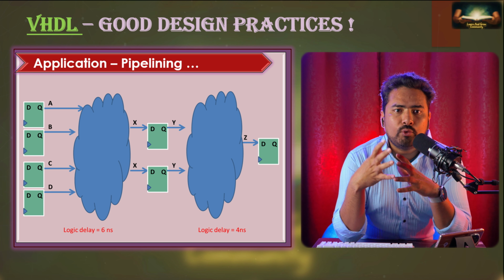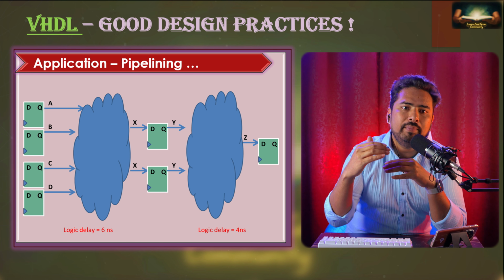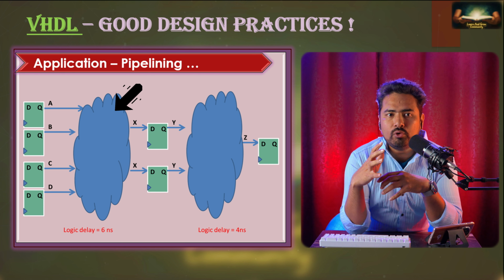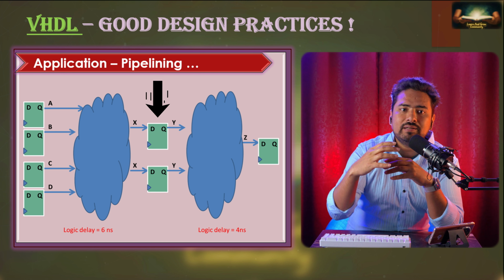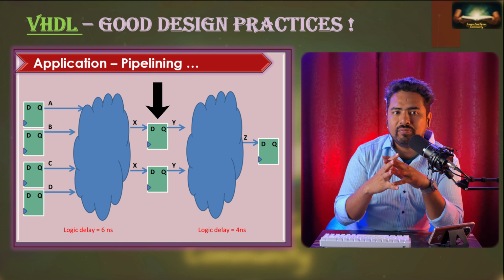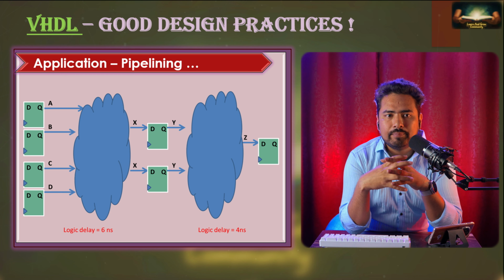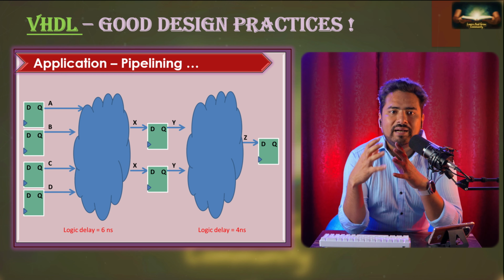It means your operating frequency is increased from 100 megahertz to 160 megahertz if you break down your big structure and insert additional flip-flops between them as bridges. So this is called the pipelining concept. So we understand it, right?